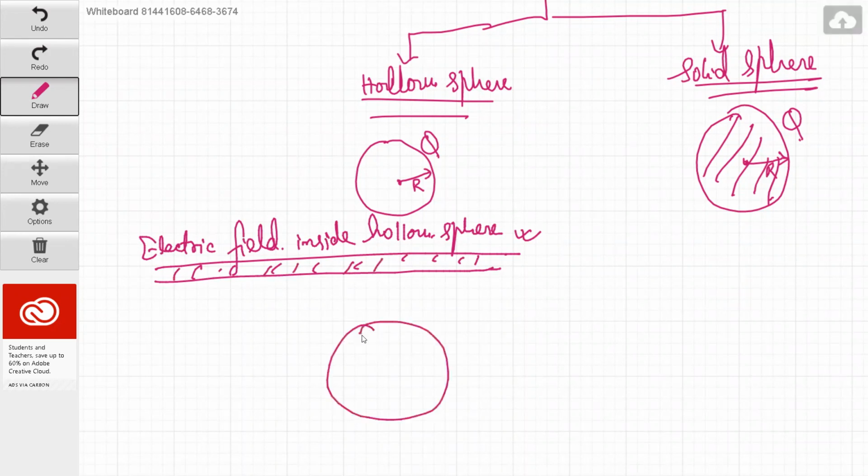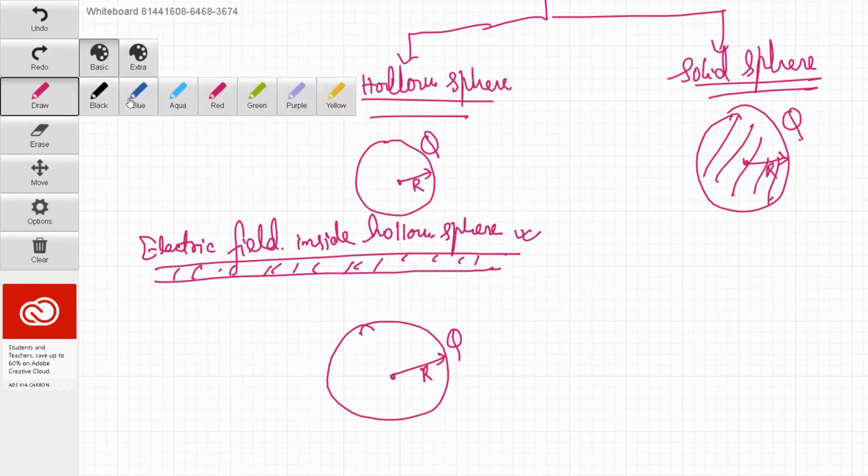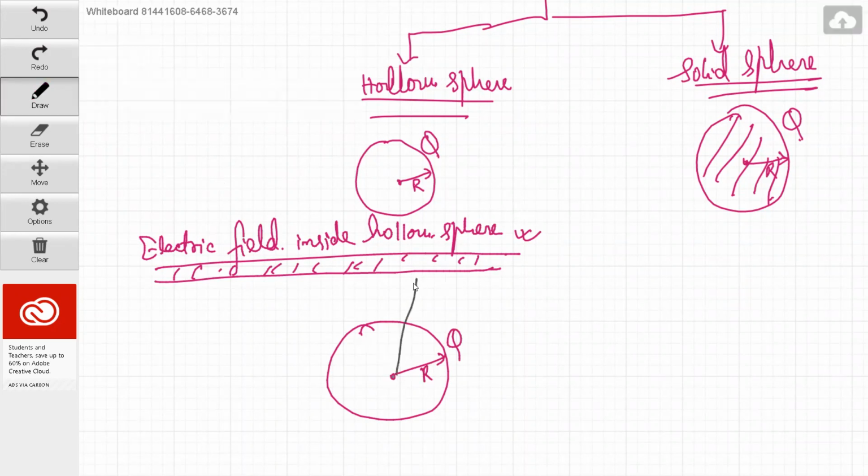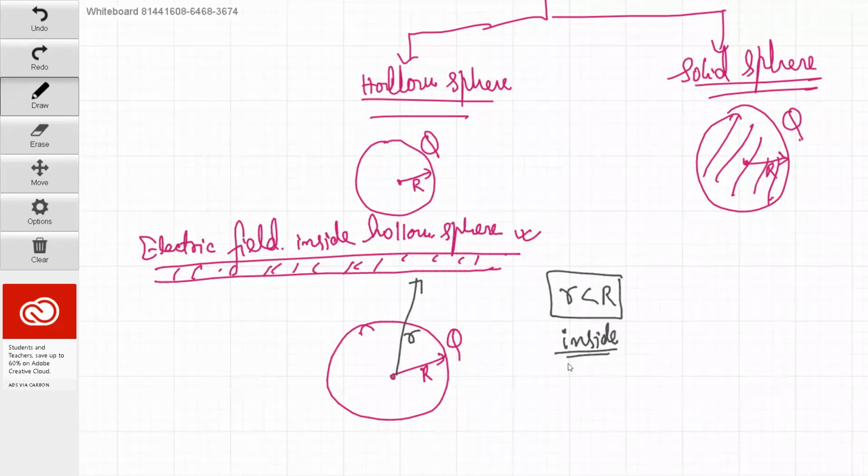So if this is the hollow sphere, there are 3 points with respect to it. Suppose the distance of the point from the center is given by r. If r is less than capital R, then this will be an inside point, and at an inside point the net electric field will be equal to 0. There is no electric field inside the hollow sphere.